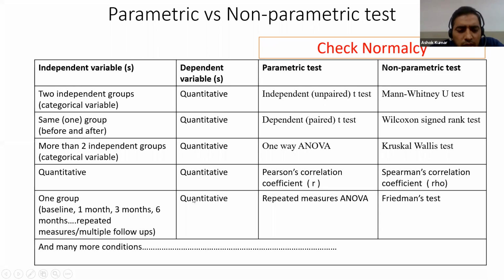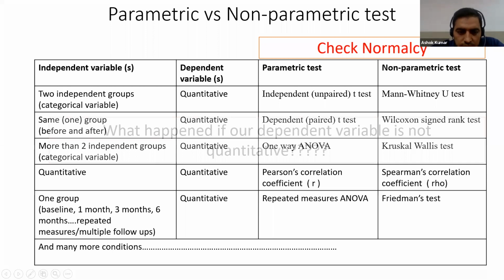For example, we are measuring systolic BP at baseline, and after treatment at 1 month, 3 months, and 6 months, and we want to compare the mean BP. Then we have to use repeated measures ANOVA if our systolic BP is normally distributed. Otherwise, we have to use a Friedman test.